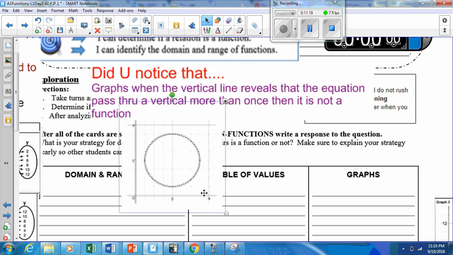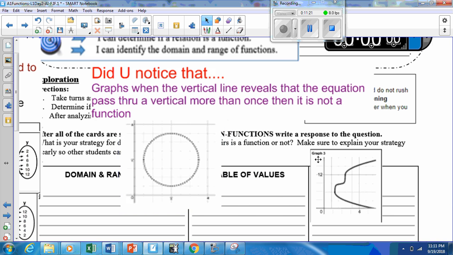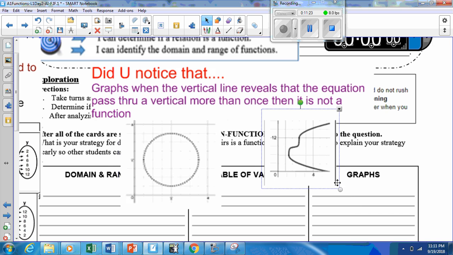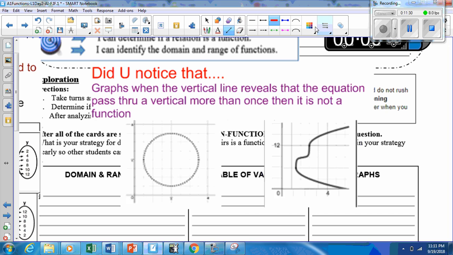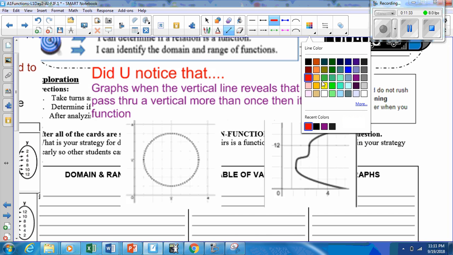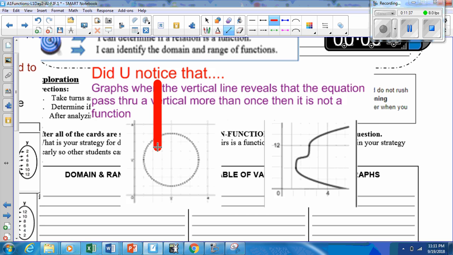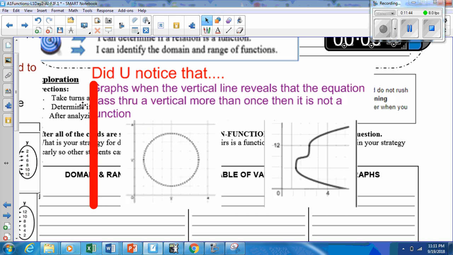Okay, let's get my tools here. I'll turn this into a green line. I wanted a green line, but we'll go with this. Okay, so as I move my vertical line over both of these equations, I notice that the equations intersect with the vertical line in more than one place.